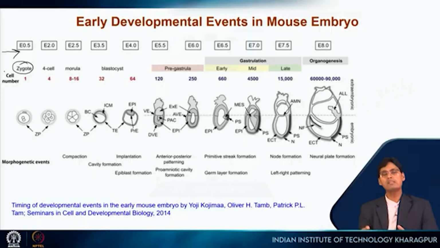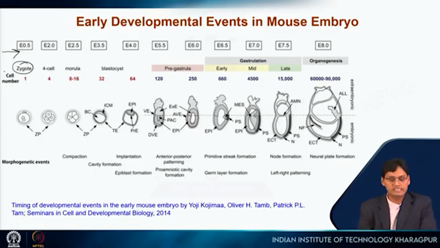But in case of mammal, everything happens inside the body. So after fertilization, the egg should develop into an embryo, and it will be implanted inside the uterus. So there is a huge difference between frog, Drosophila, and some examples from mammal, for example mouse, human.